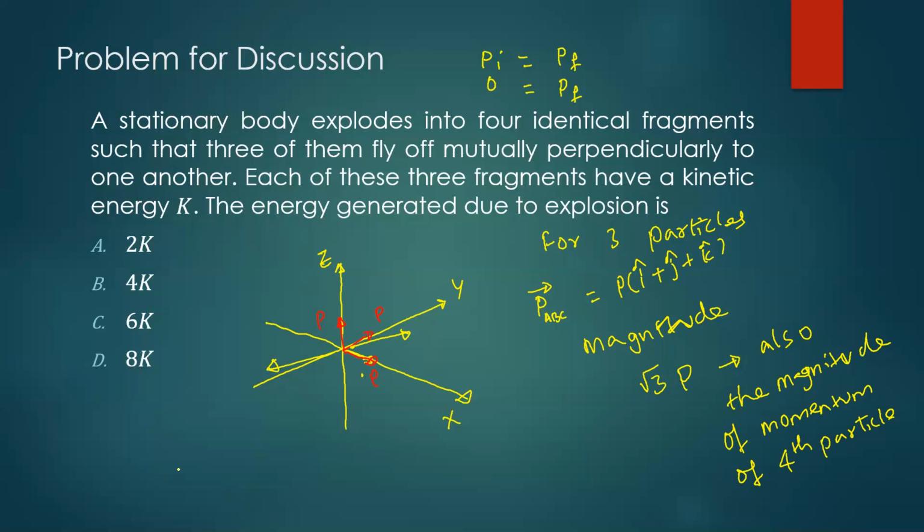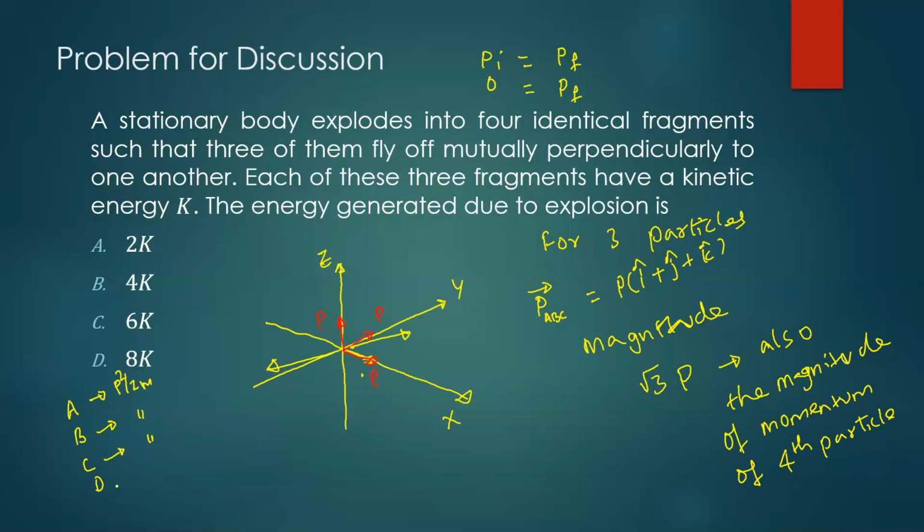But here, the final kinetic energy is what we are looking at. So let's mark these particles as A, B, C, D. A has linear momentum of P, so its kinetic energy will be P square by 2m. B also has the same kinetic energy.